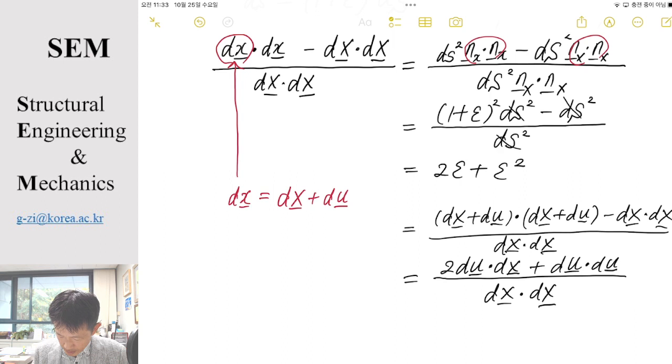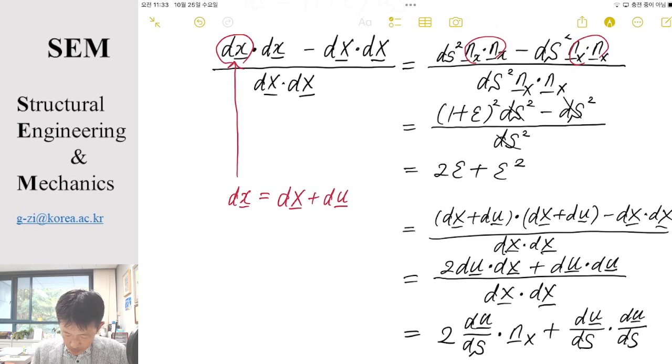So what you can obtain is 2 of du, dx, sorry, du not ds, is length, and then dot normal, plus du with respect to ds, the initial length, du vector, and then ds.